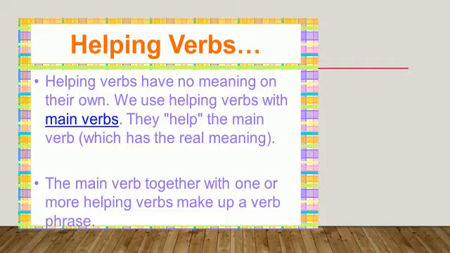The main verb together with one or more helping verbs make up a verb phrase. In other words, helping words help the main verb to describe action. That action happened in the past or is happening in the present or will happen in the future.